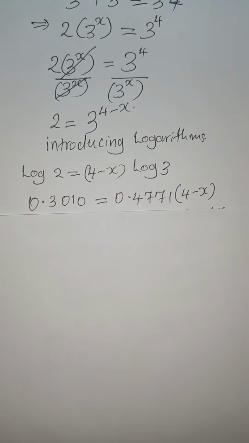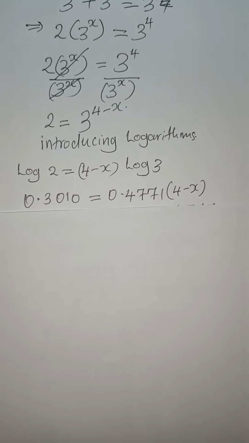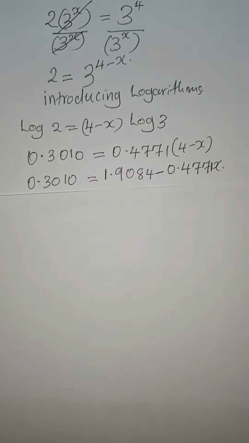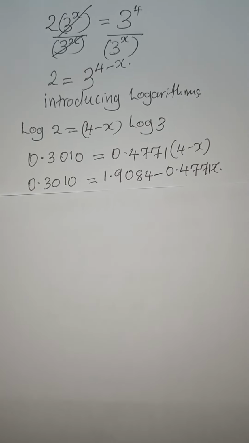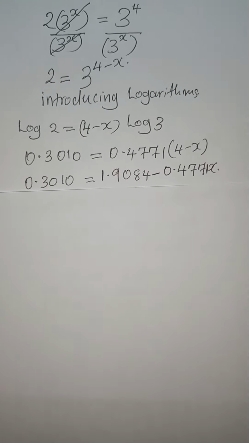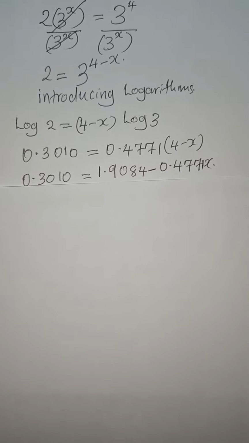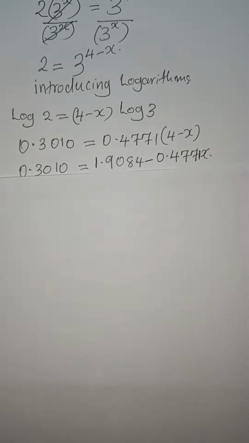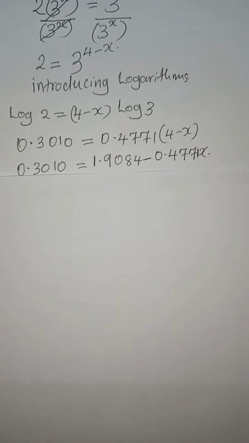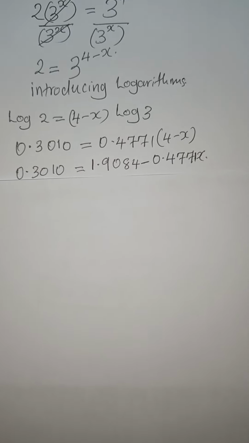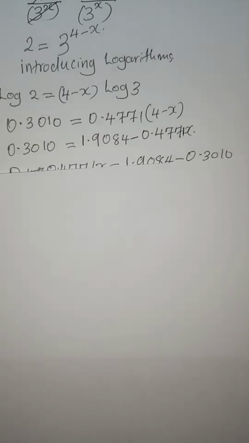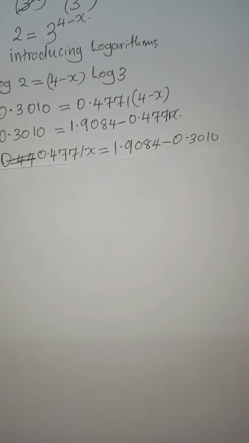So that log of 3 multiplied by 4 minus x, we are getting 0.3010 to be the log of 2, and 0.4771 when you multiply by 4, you get 1.9084, then minus 0.4771x.